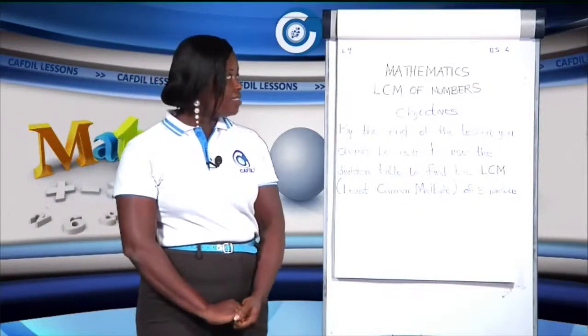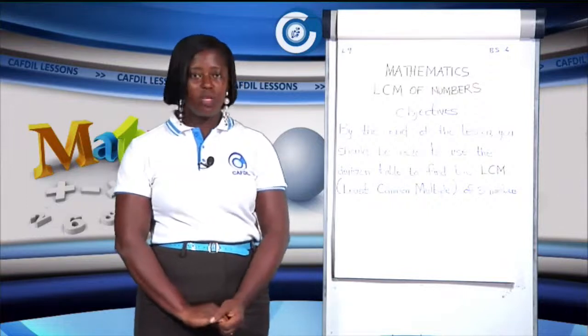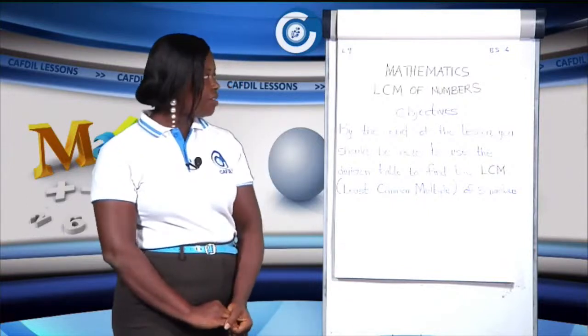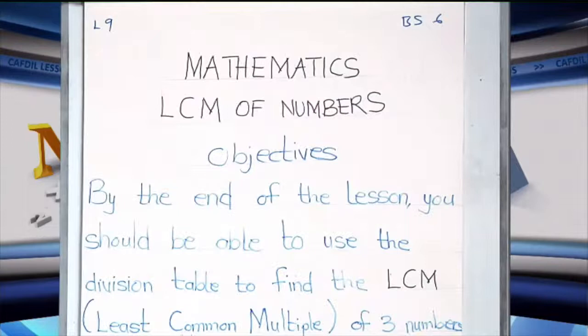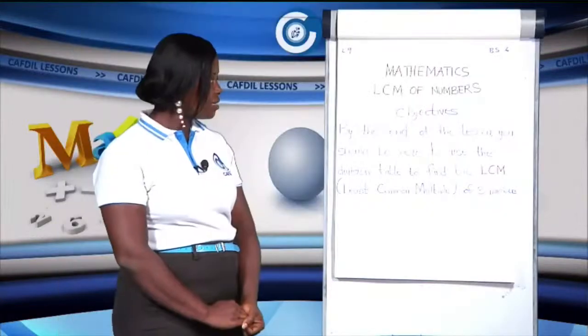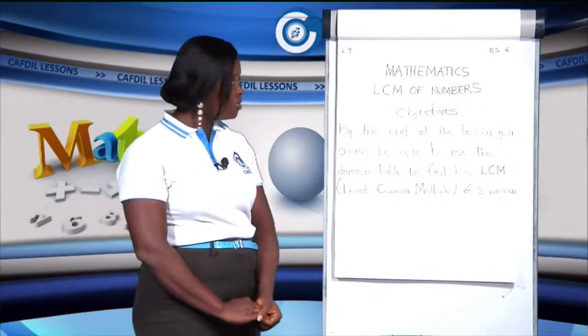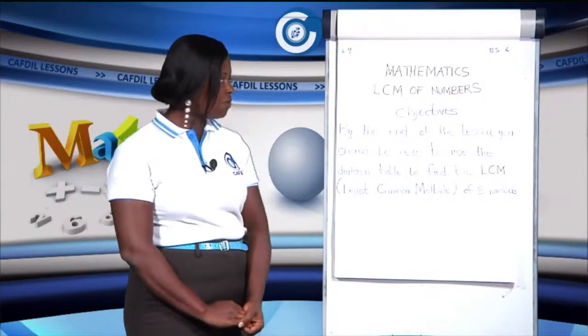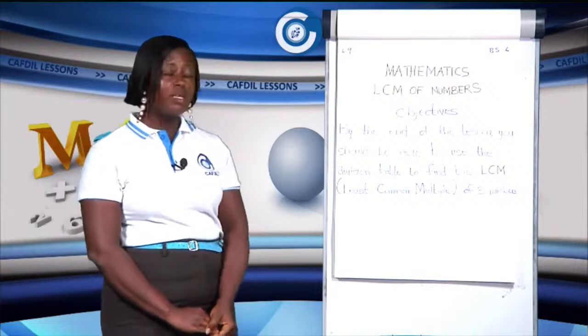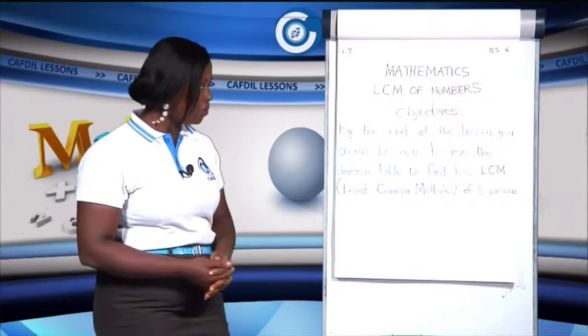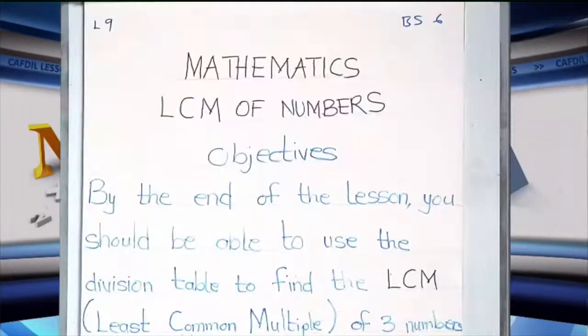Before that, I want to share the objectives with you. By the end of the lesson, you should be able to use the division table to find the LCM, which is the least common multiple, of 3 numbers.